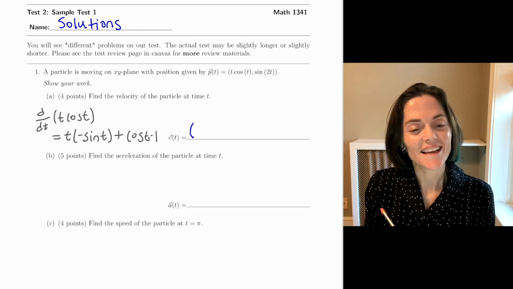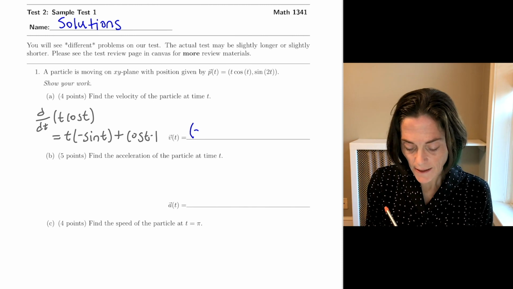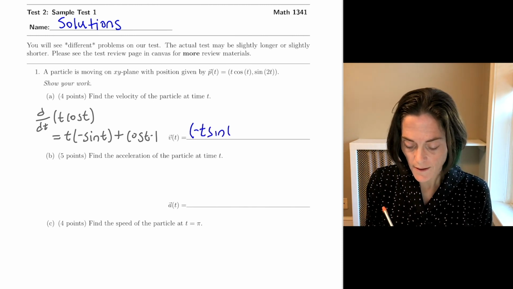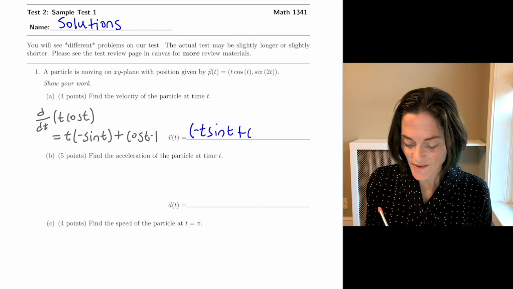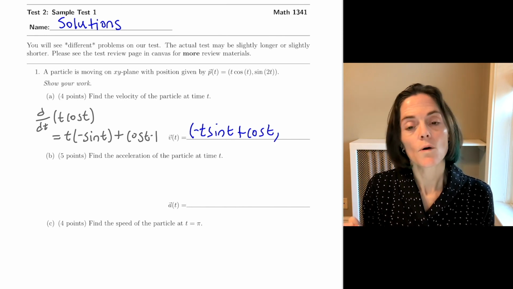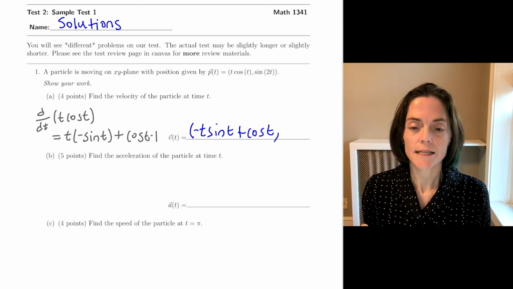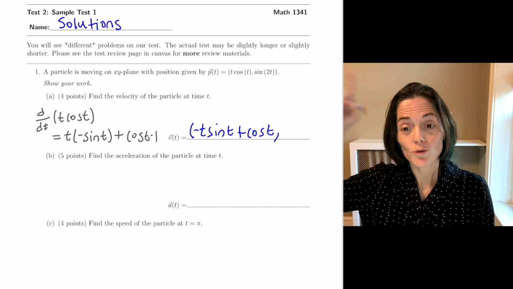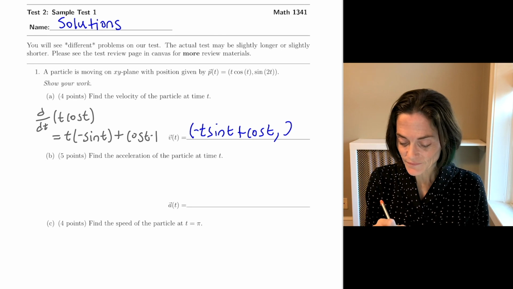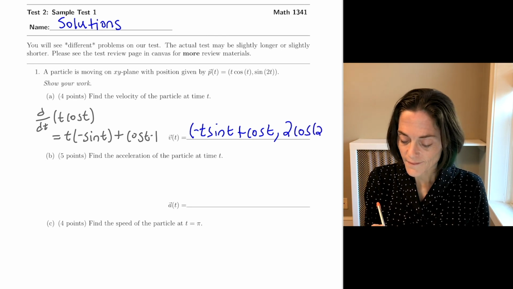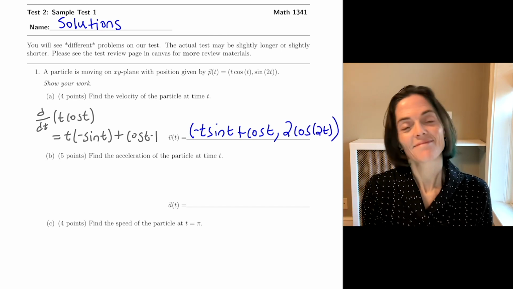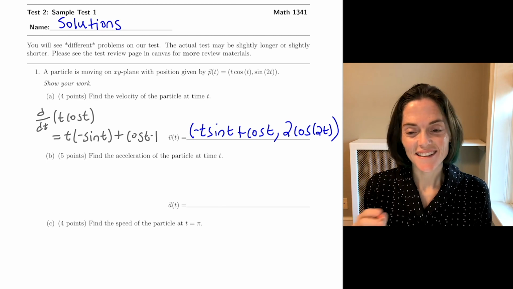The first coordinate is minus t sine t plus cosine t. And the second coordinate, we differentiate the sine of 2t, and this is technically chain rule. We will have 2 cosine 2t. This is the velocity vector.